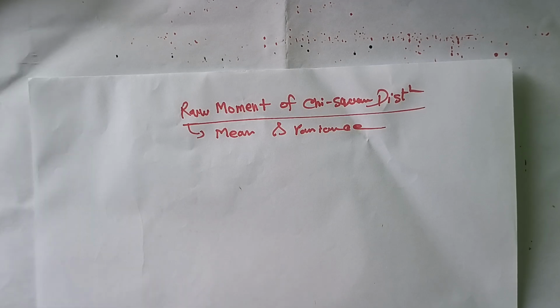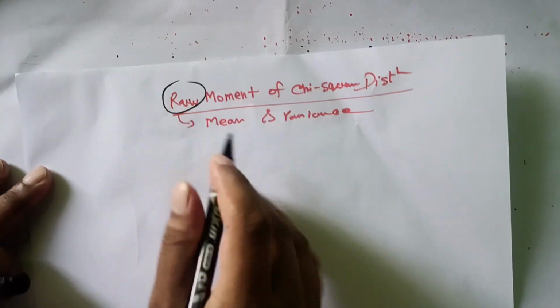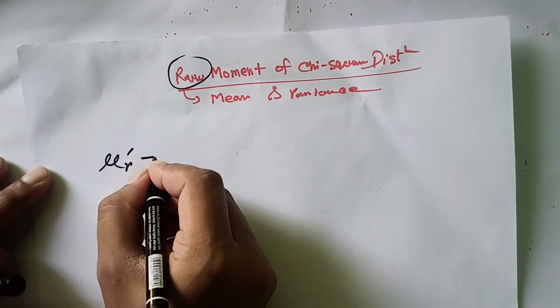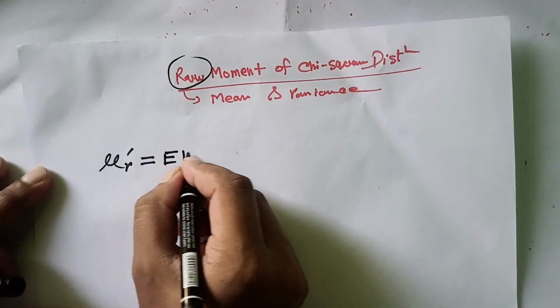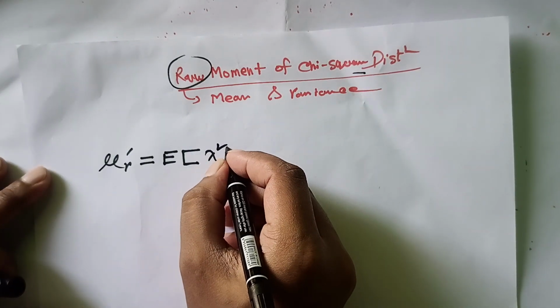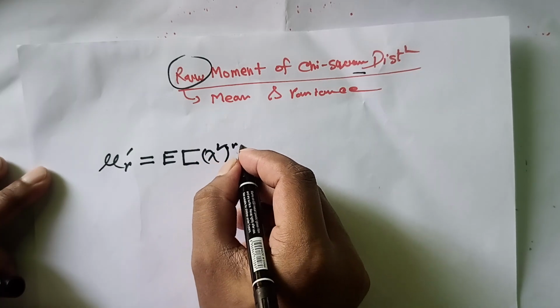So for raw moment, we know that it's denoted like mu r prime, defined as expectation of the variate of this distribution, here chi-square, to the power r.